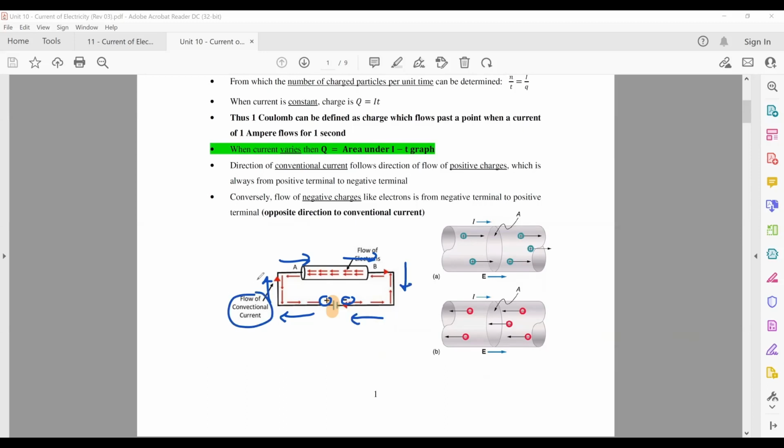Okay, this is flow of conventional current. But when you're talking about the flow of electrons, electrons will be opposite. You will see it as these red colored lines here. Okay, they will flow from negative terminal to positive terminal, opposite to flow of positive charges. So this is for current.